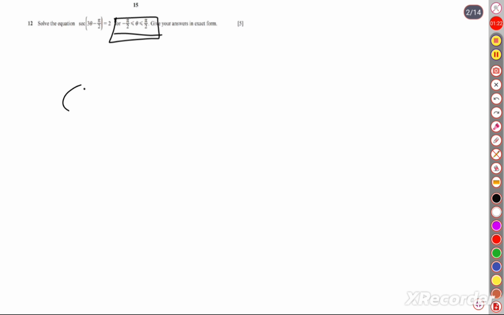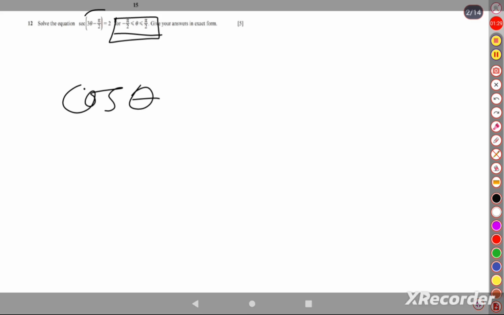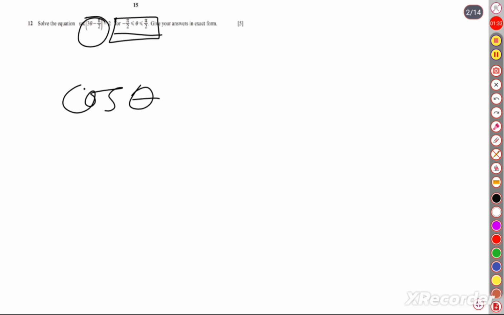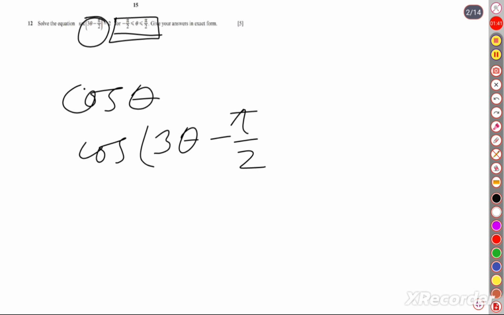We know the graph of cos θ, but here the graph is not so simple: it is cos(3θ − π/2). That means this is a transformed graph.